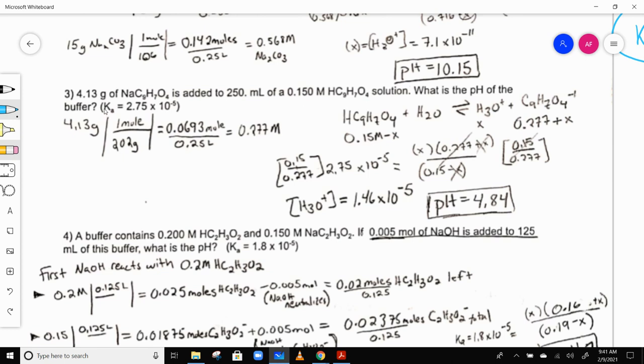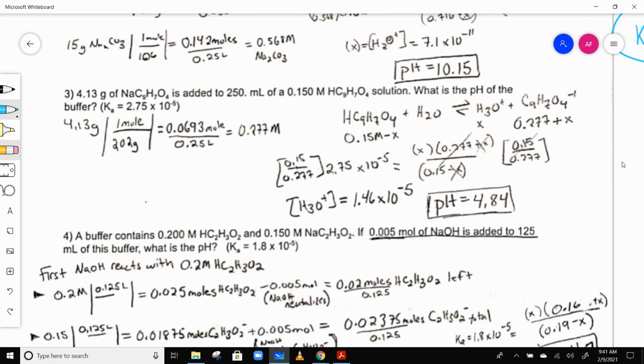What is the pH of the buffer? So this one, the 250 milliliters does matter because we have a molarity here. We have to find the concentration of this. So 4.13 grams divided by its molar mass, we get that many moles, divided by the number of liters, we get that molarity. Okay? And then again, I showed the work, but you didn't need to.